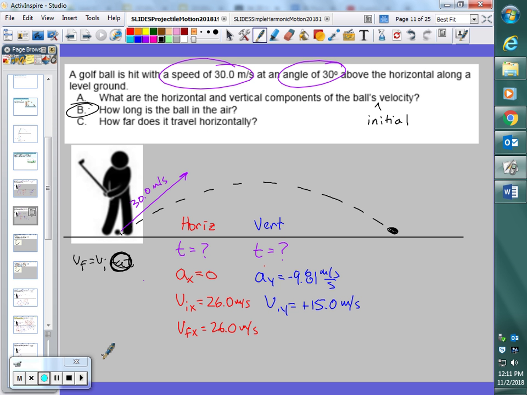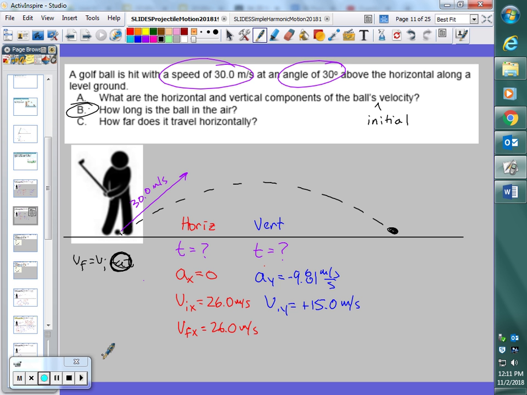This ball, if we say that we want to find out how long it's in the air, it starts on the ground, or it starts just above ground level, and it ends just above ground level, vertically. If something starts and ends in the same spots, the displacement is equal to 0.